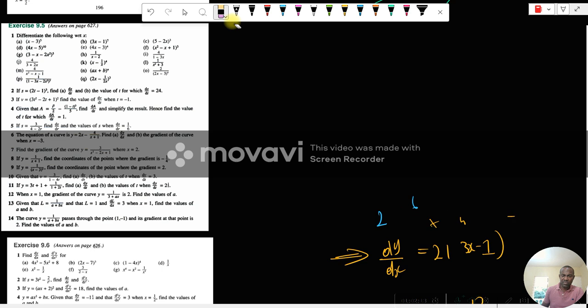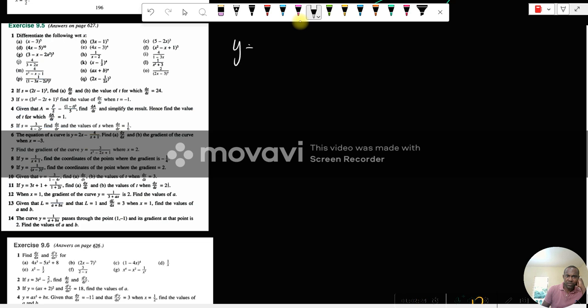Alright, so C says 5 minus 2x cubed. So let's write it as y equals 5 minus 2x cubed.